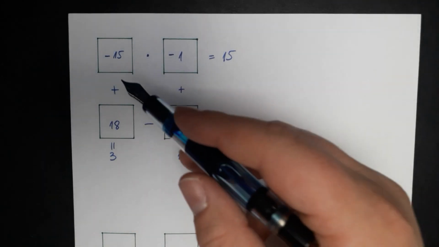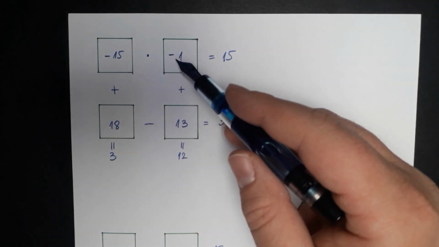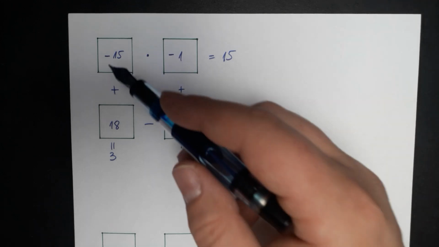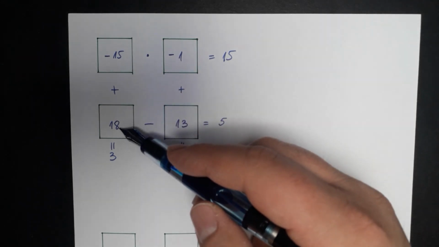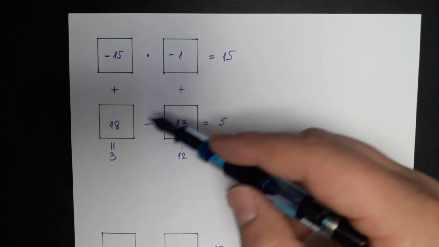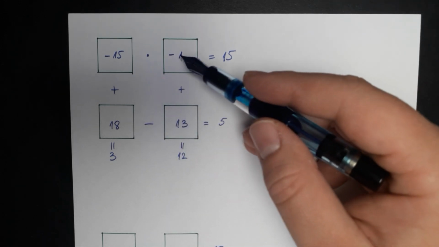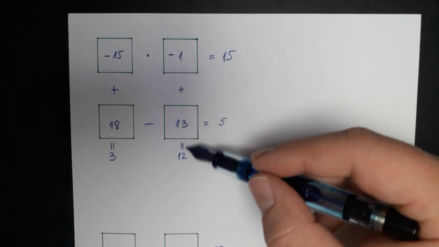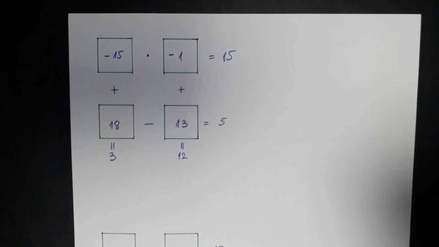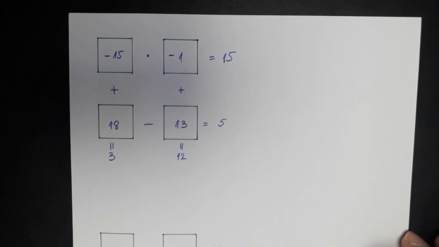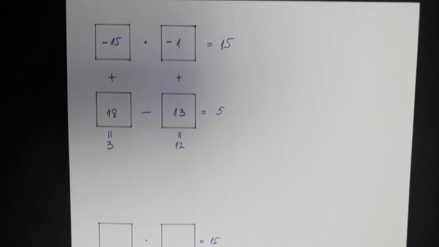As you can see, -15 multiplied by -1 is 15, -15 plus 18 is 3, 18 minus 13 is 5, and -1 plus 13 is 12. So the first set of numbers which we have found is correct.